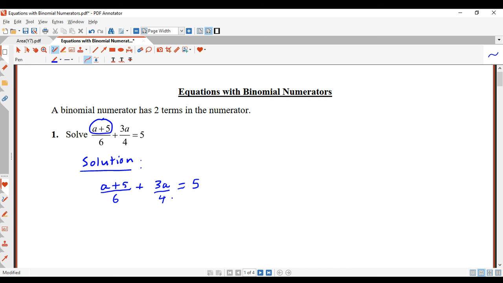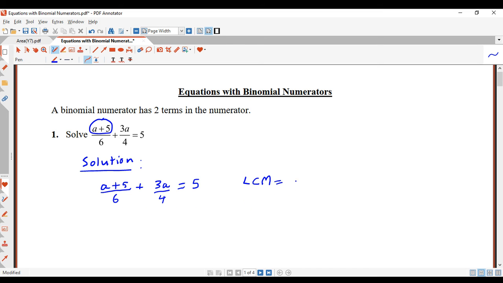Now, when solving equations like this, we want to get rid of the fraction part. So the first step is to find the lowest common denominator. Actually, the lowest common multiple, so we'll call it the LCM. The lowest common multiple is the smallest number that 6 and 4 both go into.